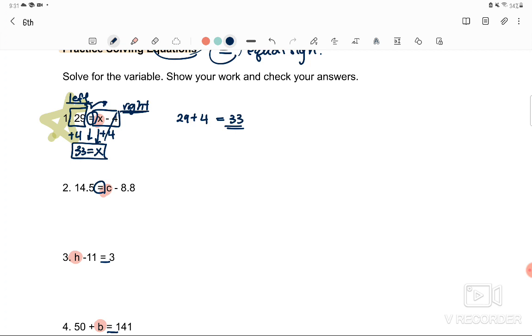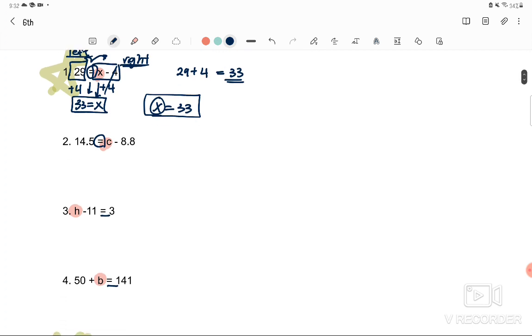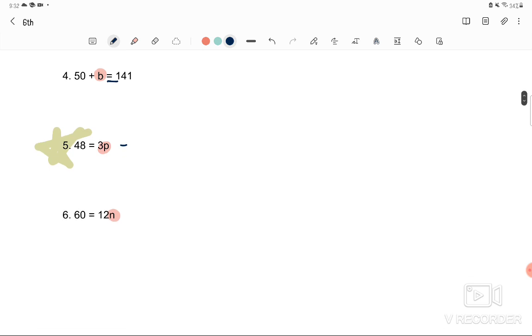You can also write x equals 33, and it is easier to recognize the answer if the x is on the left side. So let's do the multiplication example 2. 3p is actually 3 times p. So 48 equals 3 times p.